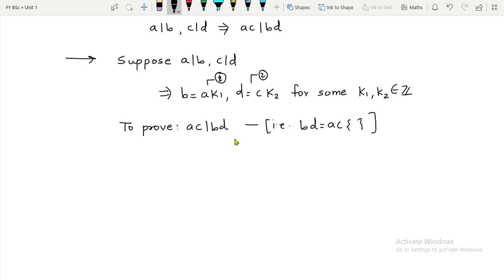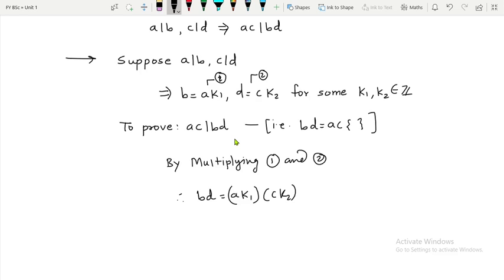If you got it, very good. We are going to simply take the product of 1 and 2, by multiplying 1 and 2 together. Therefore BD will be equal to A K1 multiplied by CK2, but I want AC, so we can use the associative property.